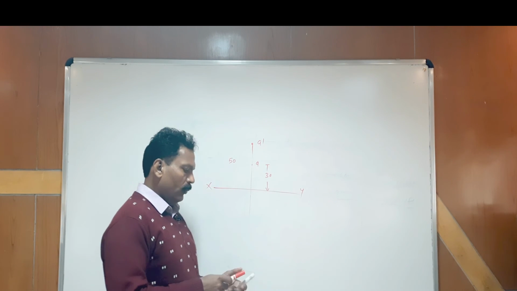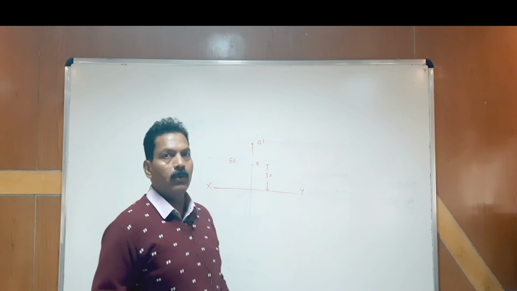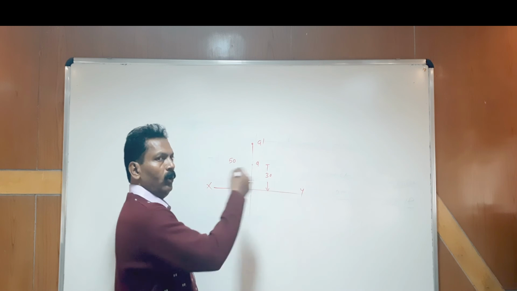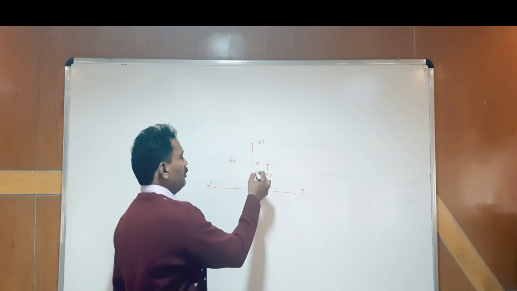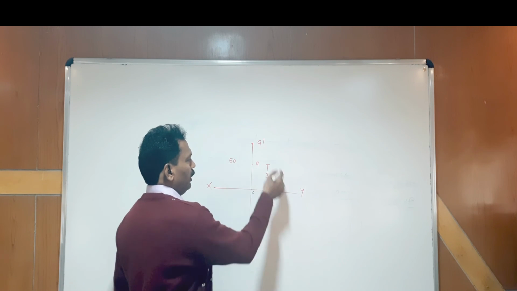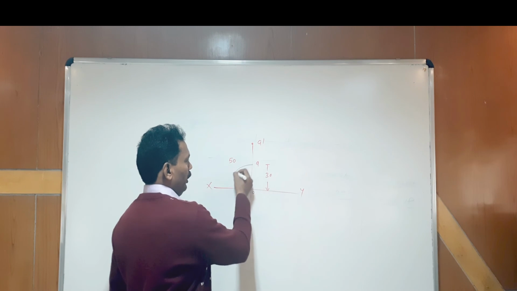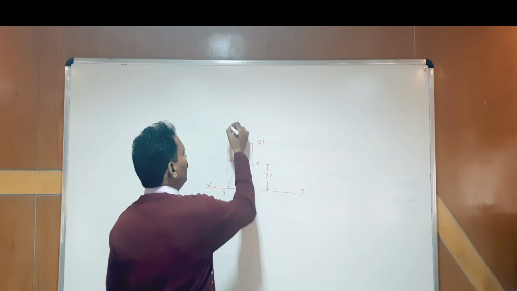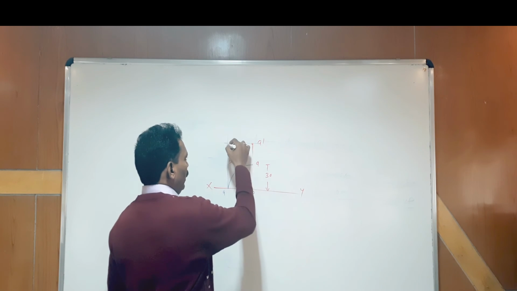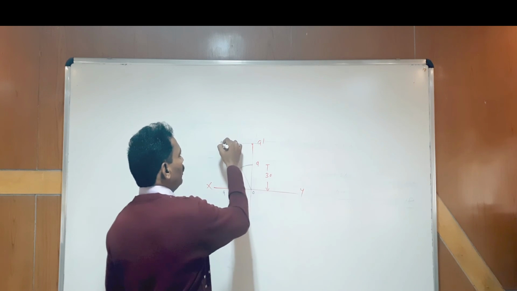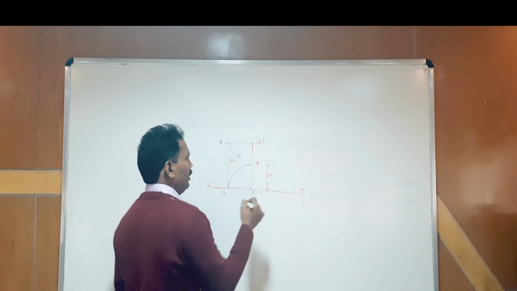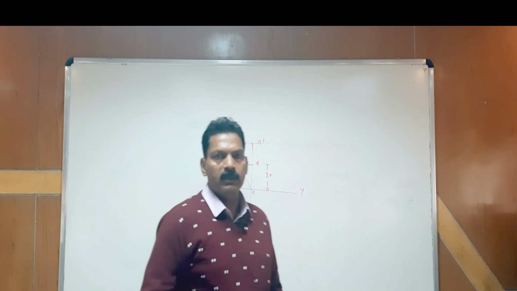So to find the shortest distance, we are to rotate the top view in the anti-clockwise direction. Anti-clockwise means you take a point here in this direction, you rotate the point like this, you will get A. Complete the rectangle and draw the diagonal, you will get the shortest distance. This distance will be the shortest distance.